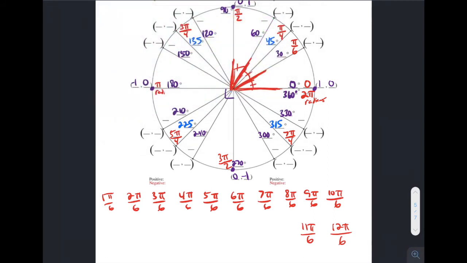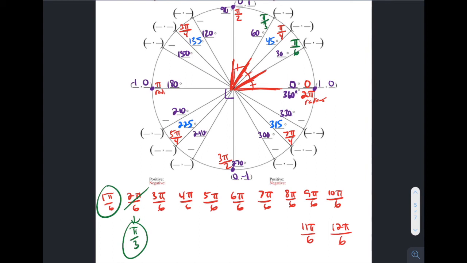So we see for this first one that this angle right here was pi over 6. We've got that on our unit circle already. If we go another pi over 6 units or 30 degrees, we're at 2 pi over 6, which simplifies to be pi over 3. So pi over 3 is our next angle right here.